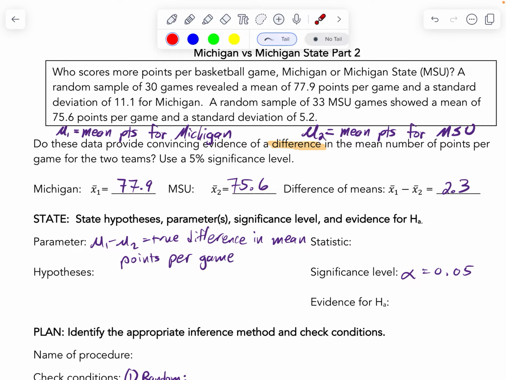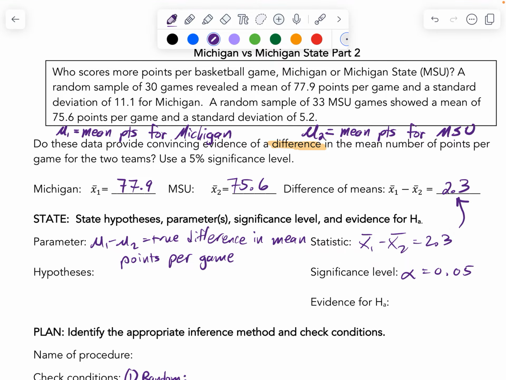I don't even need to say Michigan minus Michigan State, right? Because I already defined mu1 here and mu2 there, so I've got it. My statistic is the 2.3. It is the x bar 1 minus x bar 2, which I already calculated up there.